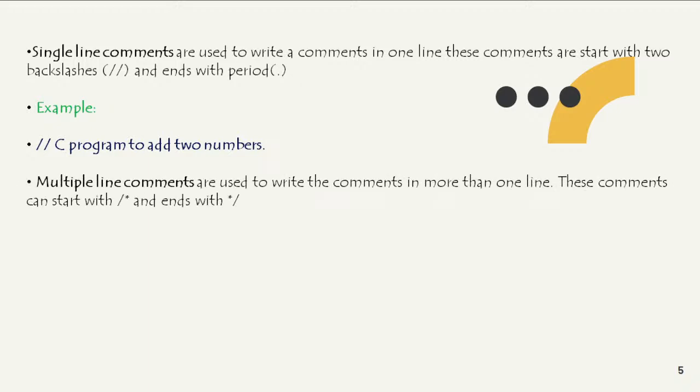Whereas multiple line comments are used to write comments in more than one line, and these comments can start with a slash and asterisk symbol and end with an asterisk and slash.